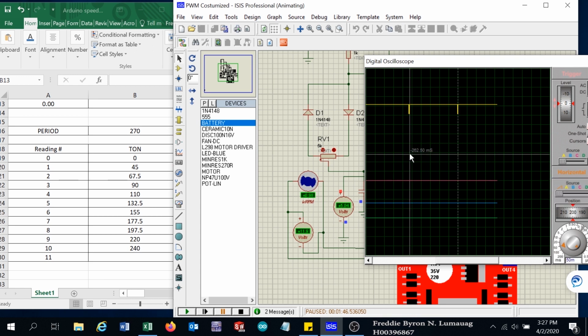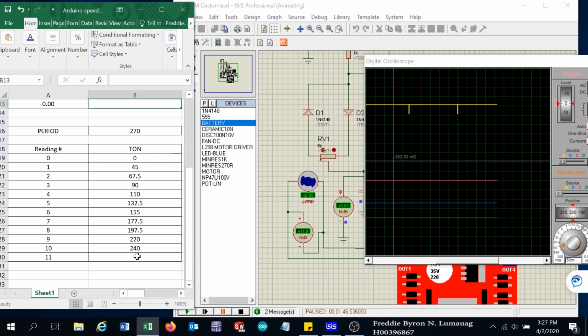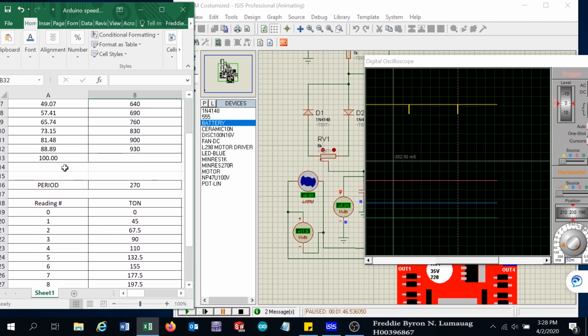So this is now the full 270 milliseconds. So I will put here 270. That would be 100%, and the speed is 980. The maximum speed of the motor, as I have said before, is 1000.